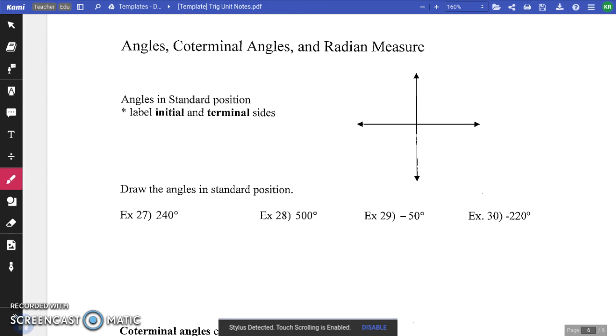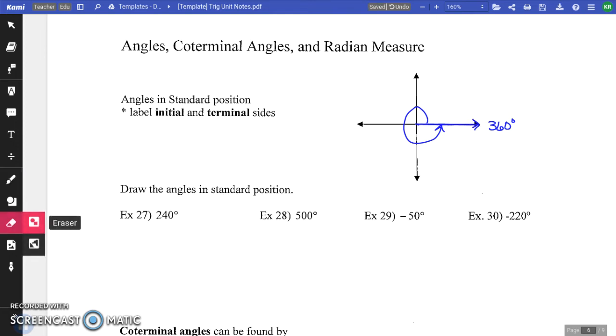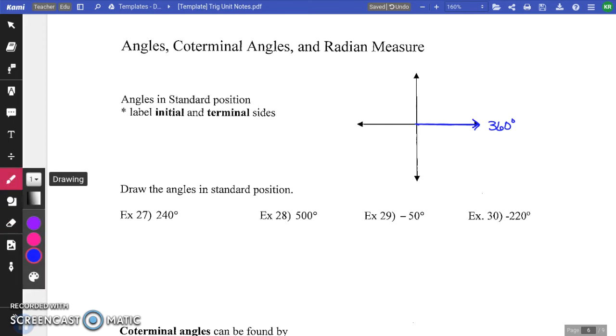Now you know that one complete rotation is 360 degrees, okay? All right, this side of our angle where you start, that's called the initial side. And then where your angle ends is called the terminal side.